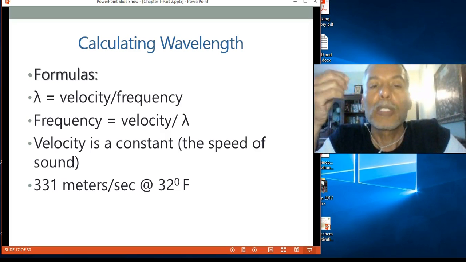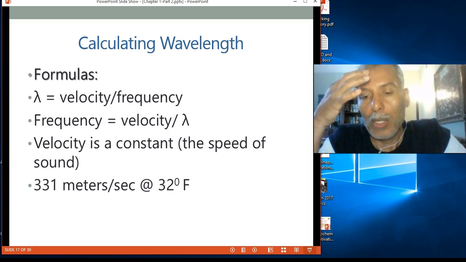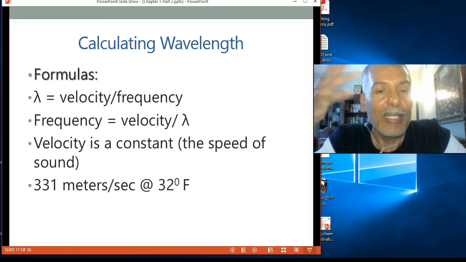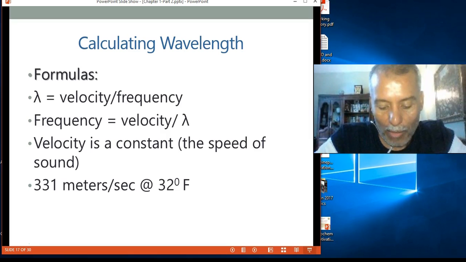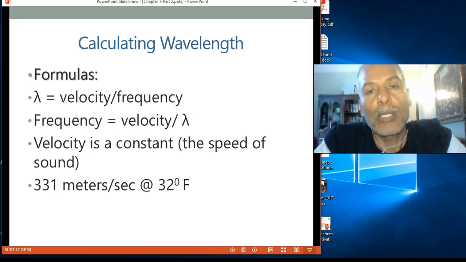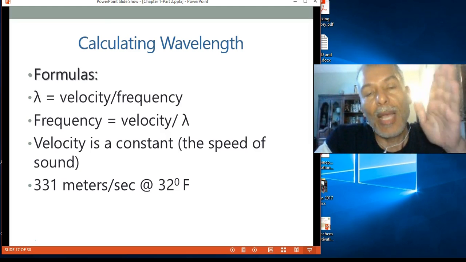It's a sound constant. And that speed of sound, for any sound at all, is 331 meters per second at freezing temperature and at sea level.